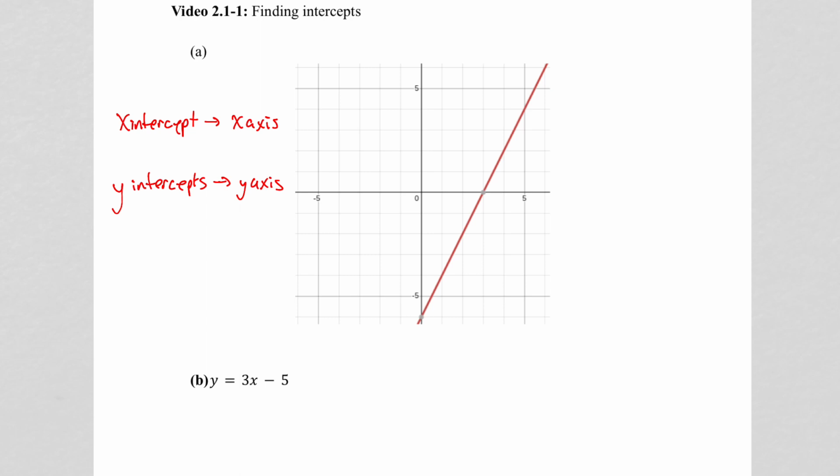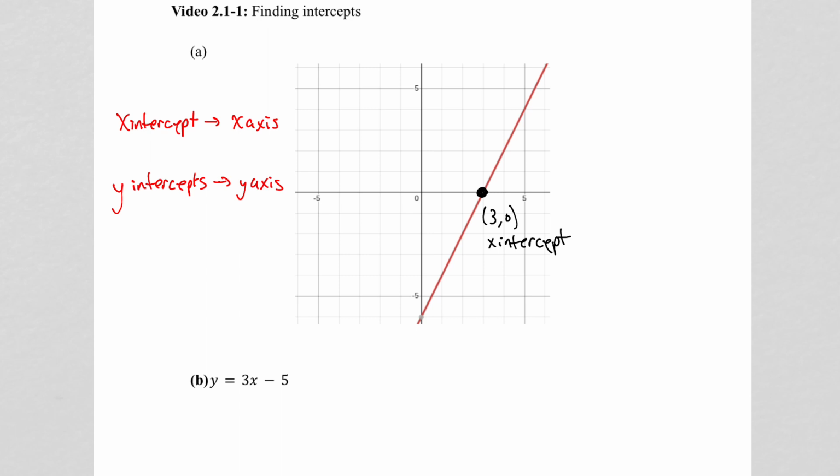x-intercepts and y-intercepts. So if we look at this line, it passes through the x-axis right here. We could count our coordinates from the origin. It's 3 units to the right, and it's no units up or down, so that is the point 3, 0. That is our x-intercept.